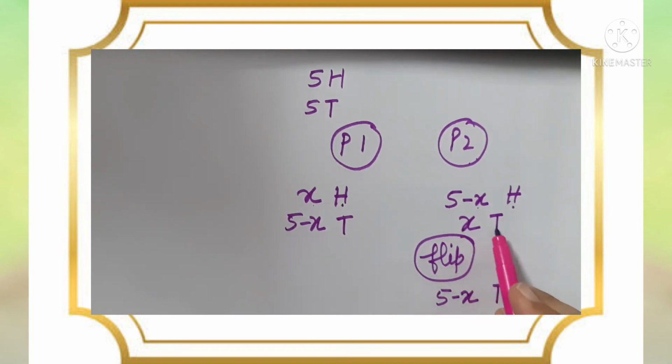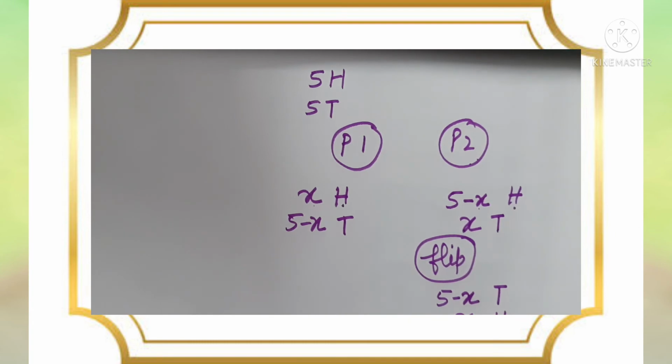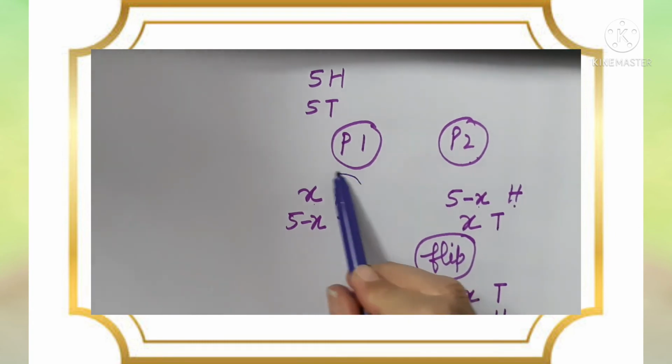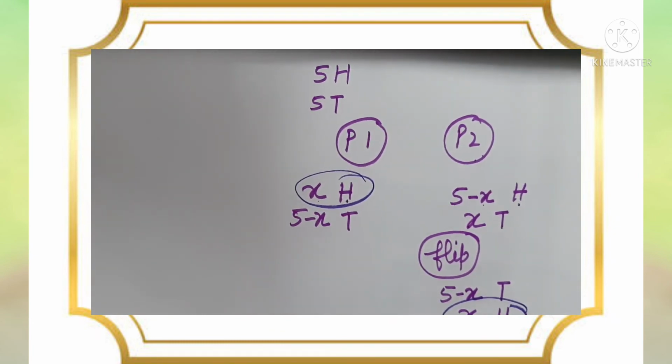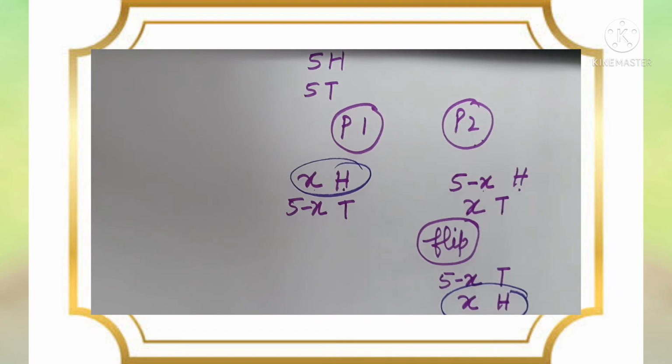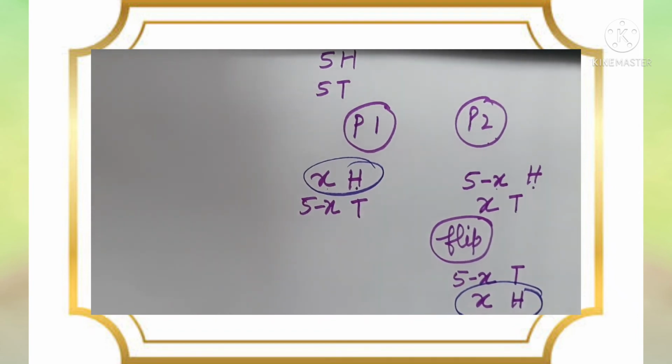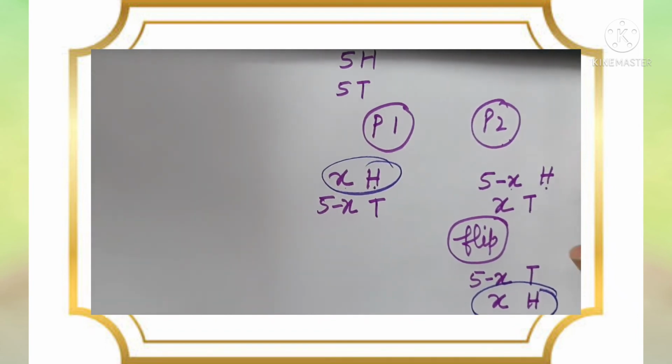And there are X coins having tails up; if we flip, we get X coins having heads up. So what do you notice? We notice that in pile number 1 and in pile number 2, we have the same number of coins having heads up.